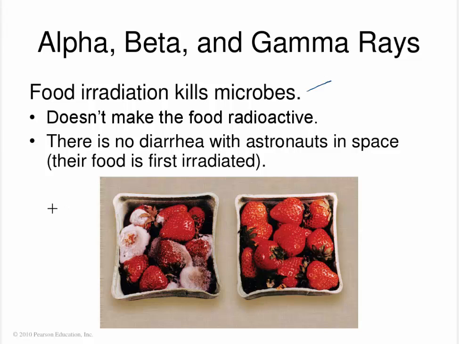For example, here we have some strawberries, and they've been irradiated by some form or another, and that kills the microbes, and it's less likely that stuff's going to grow on them. It does not make the food radioactive, so the stuff is not glowing green after that happens. Astronauts in space, their food is first irradiated because, well, diarrhea in space would be a very bad thing, but the astronauts are not radioactive.